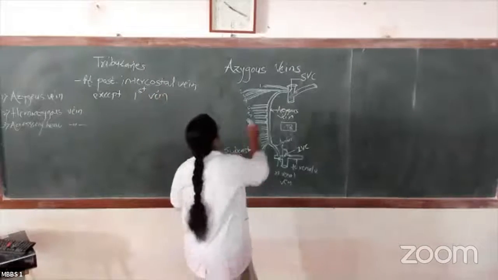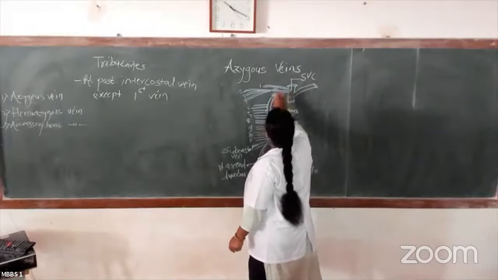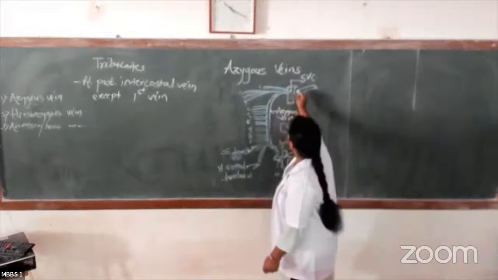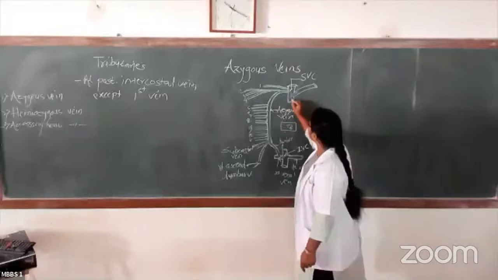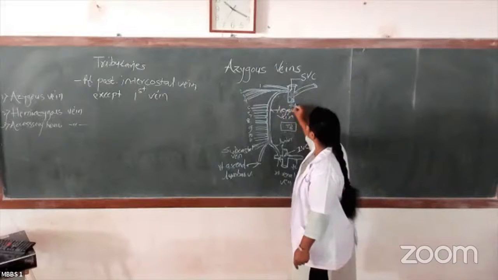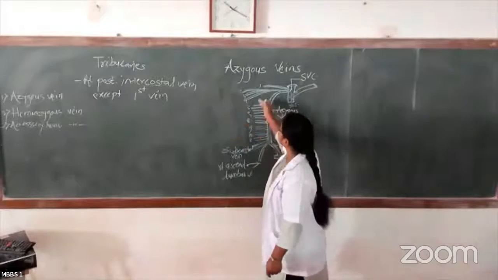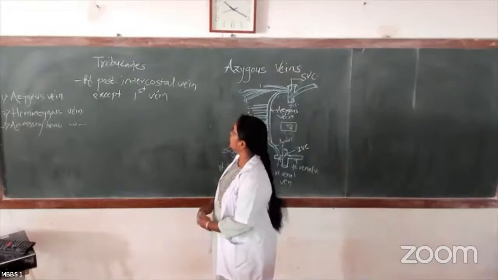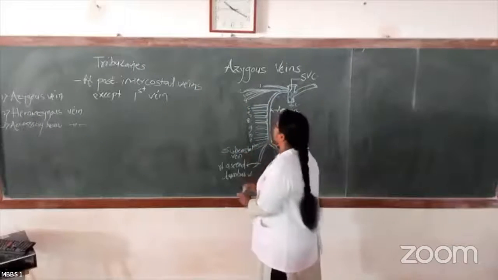As you can see over here, this is the first posterior intercostal vein of the right side, which opens into this right brachiocephalic. This is the left brachiocephalic, and this is the superior vena cava. So tributaries are right-sided posterior intercostal veins except the first vein.